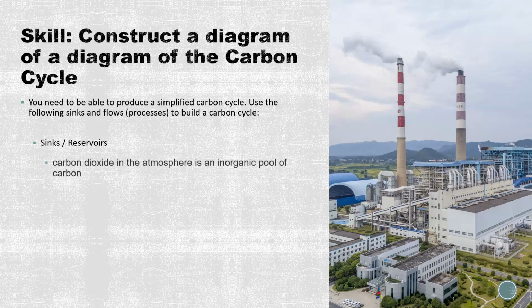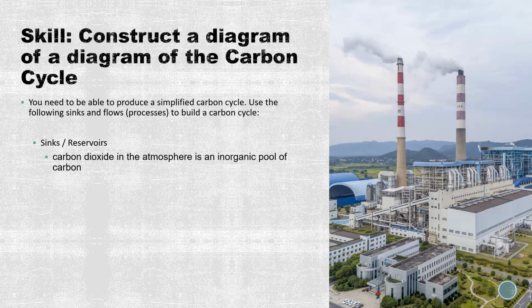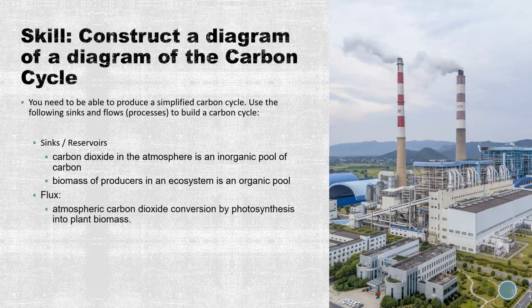So the sinks and reservoirs, you've got carbon dioxide in the atmosphere as a pool of inorganic carbon. You've got biomass of producers in ecosystems as that organic pool. Now your fluxes, you've got atmospheric carbon dioxide conversion by photosynthesis into plant mass.